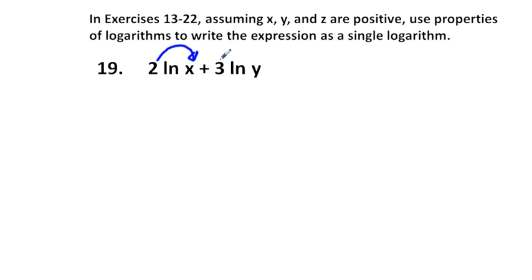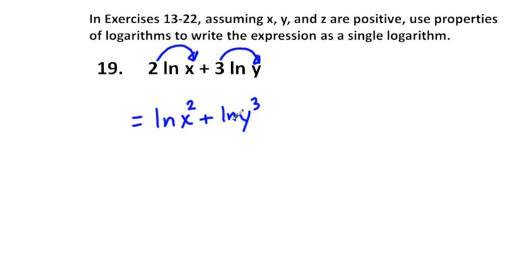And likewise, this 3 out in front, the coefficient in front of the natural logarithm of y, will become the exponent of the variable y. So what we have here is the natural log of x squared plus the natural log of y to the third power.